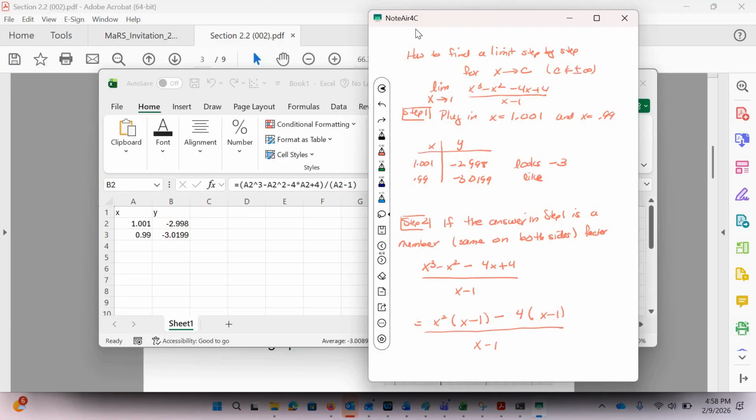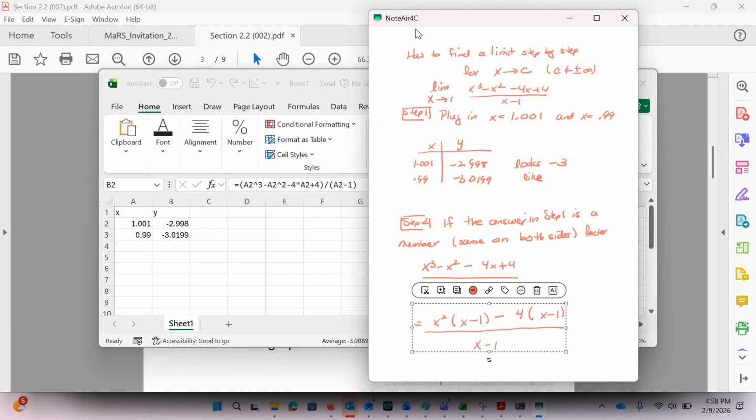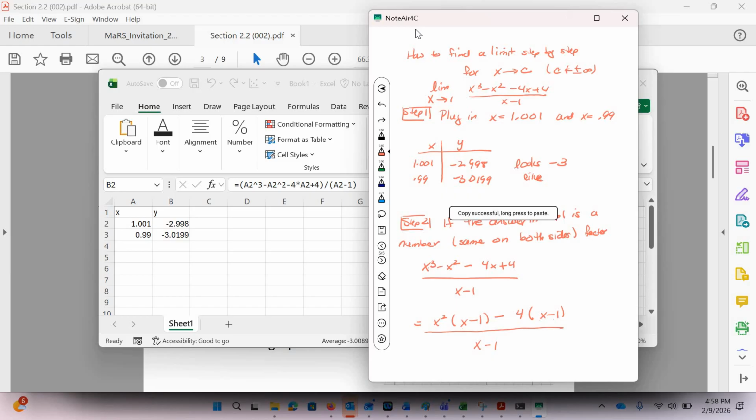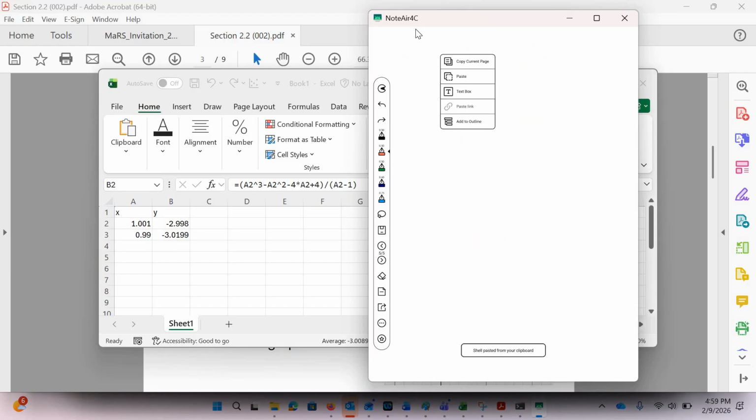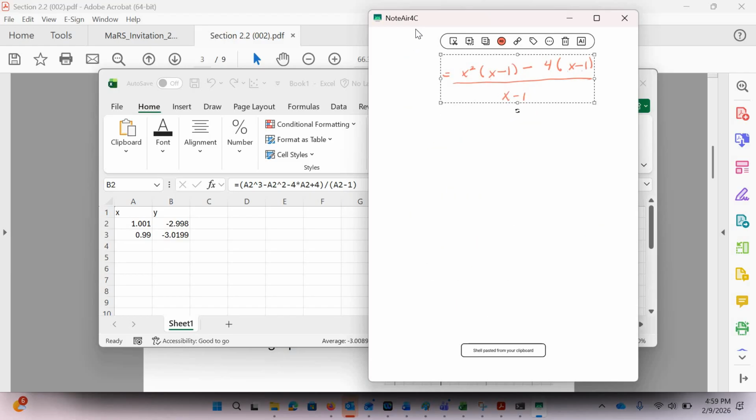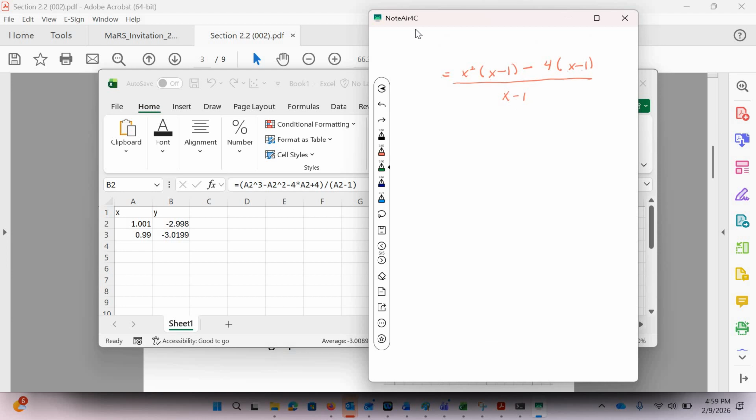Now, I take that and I'm going to take it further. If you notice, there's this thing here and this blob here. I can factor it out. This is equal to x minus 1 on the outside, and then x squared minus 4 on the inside.